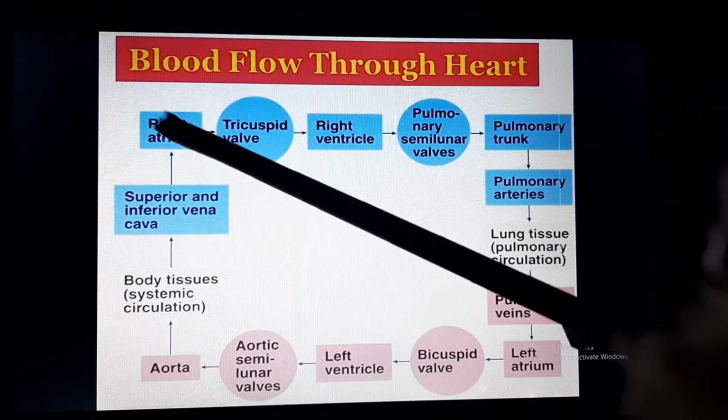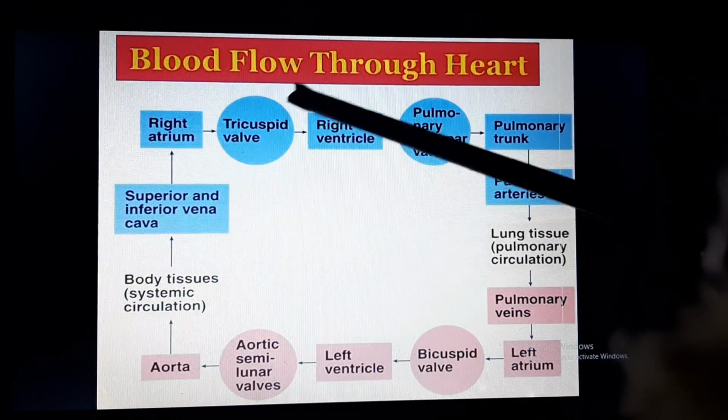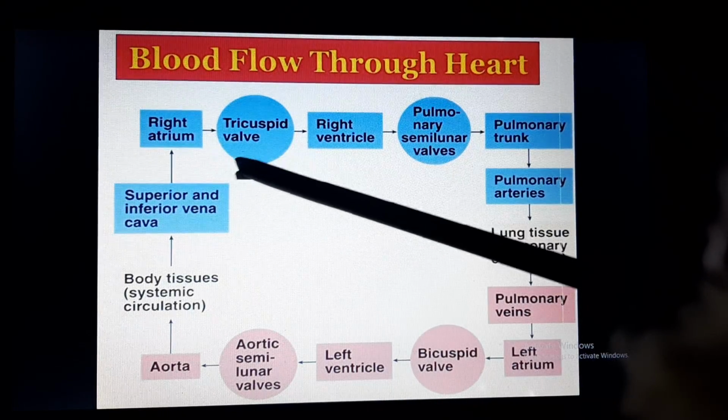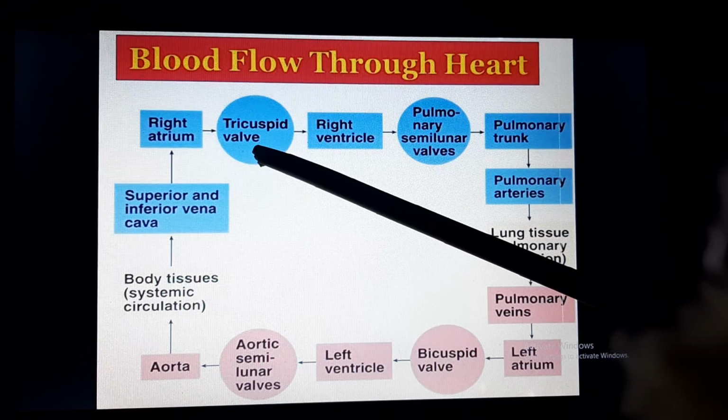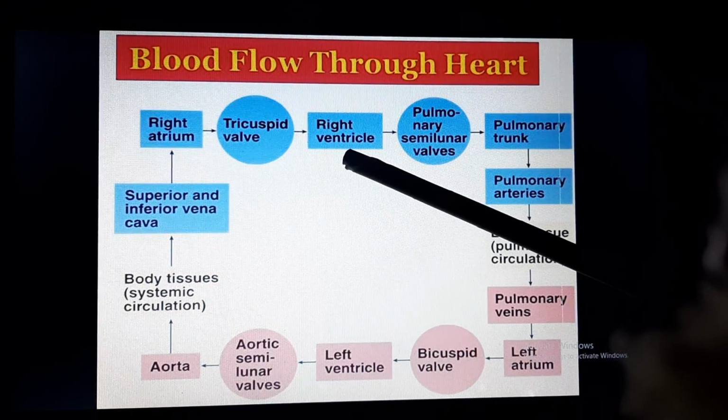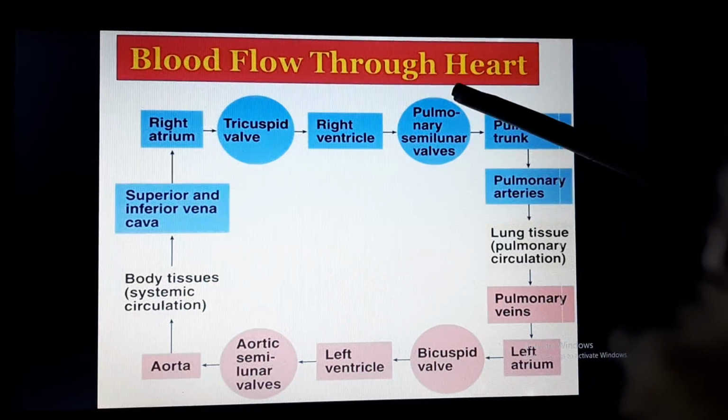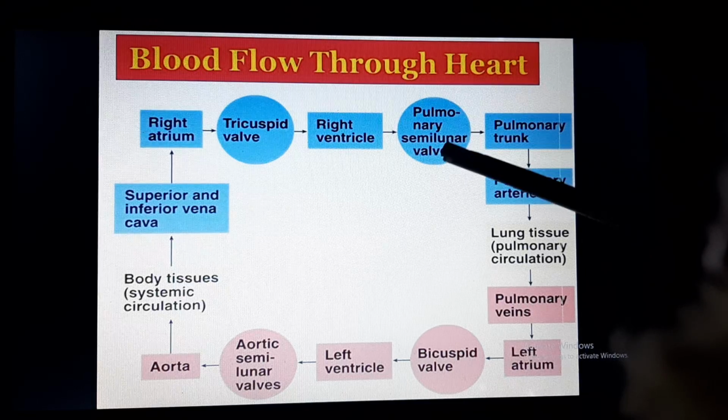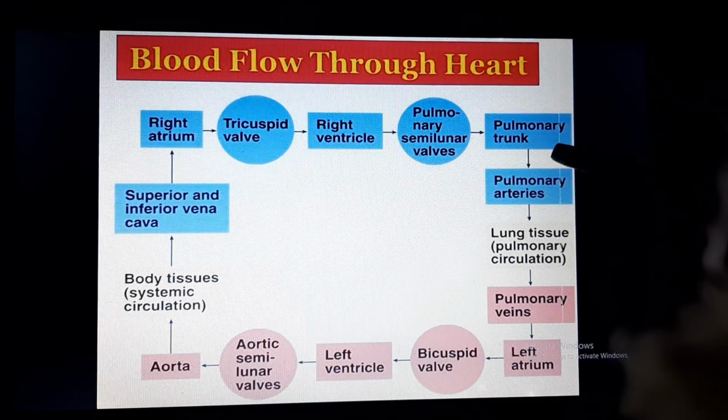atrium. Right atrium and right ventricle are separated by a tricuspid valve. From right ventricle, blood goes through the pulmonary semilunar valve to the pulmonary trunk and pulmonary arteries. From pulmonary artery, it is carried to lungs, where it is again oxygenated.